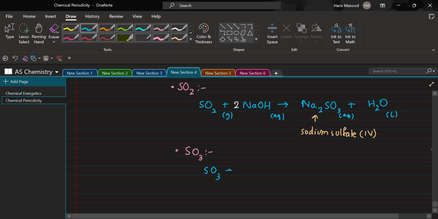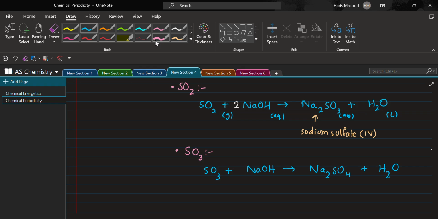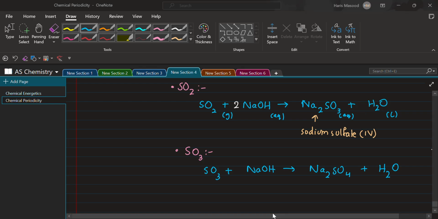SO3 is then quite simple: NaOH forms Na2SO4 and water. Now this is sodium sulfate 6, and for balancing again you just have to put a 2 here.